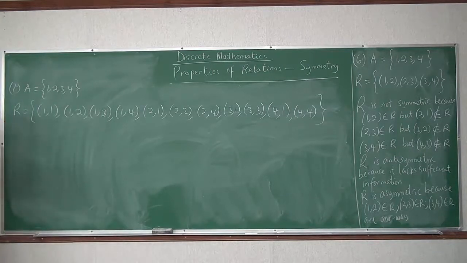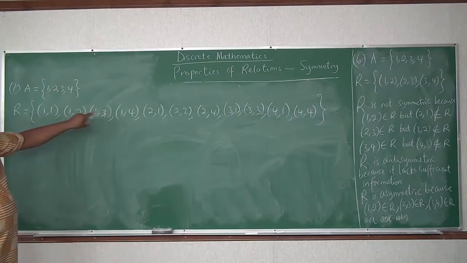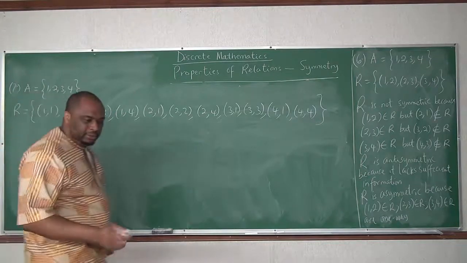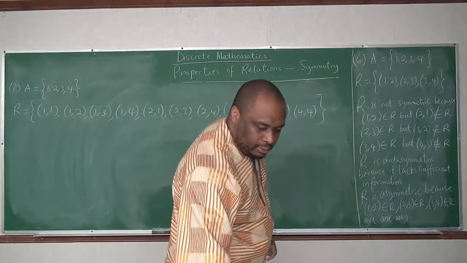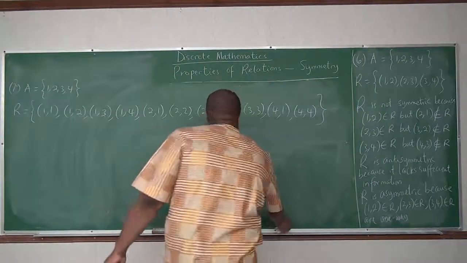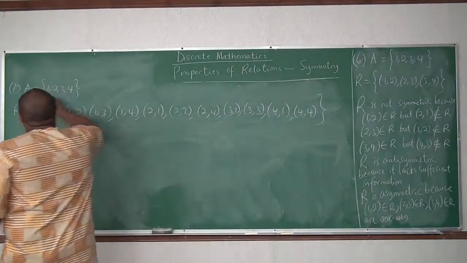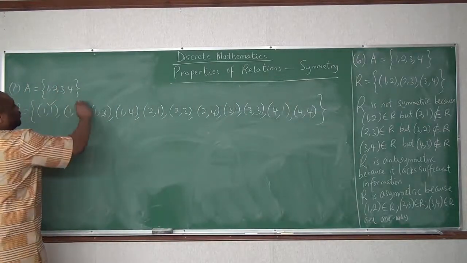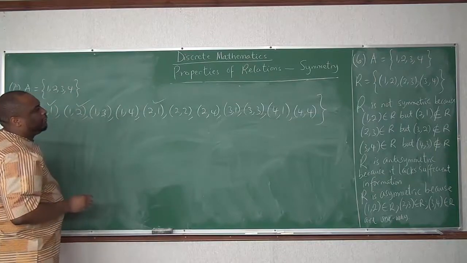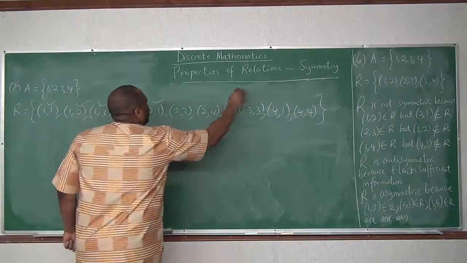Alright, so let's look at symmetry. I'm going to use a yellow chalk. For 1, 1, no problem. For 1, 2, we have 2, 1. For 1, 3, we have 3, 1.